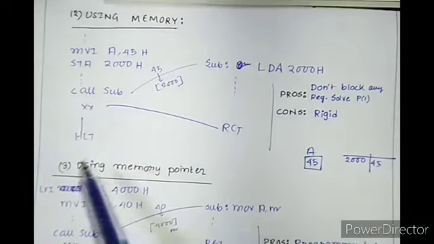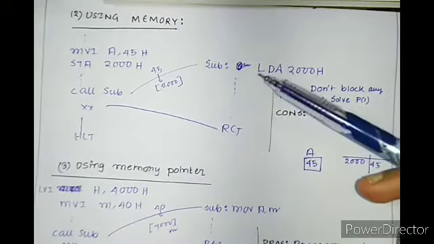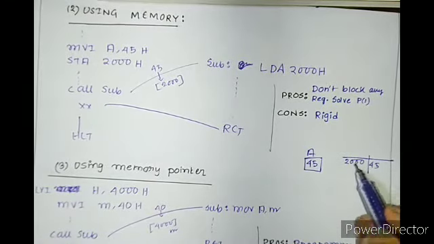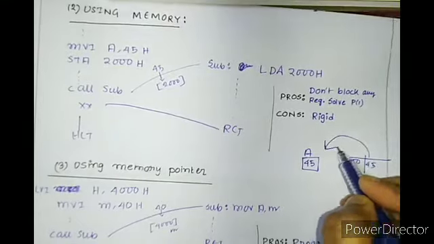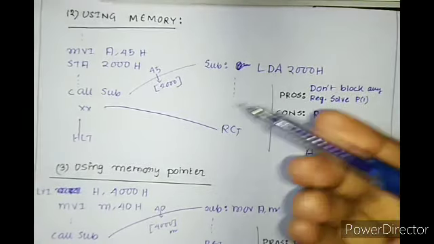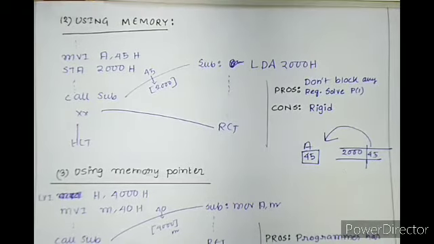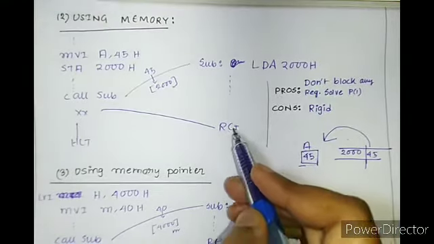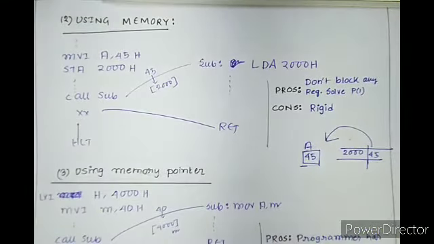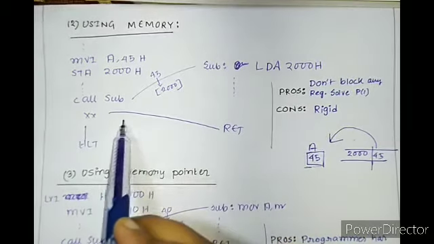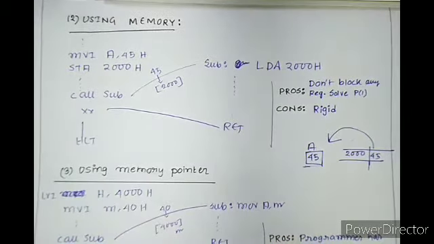Now call subroutine, go to subroutine. It says LDA 2000, means whatever data is in location 2000 gets stored at A, and it is already 45. I've just used the same address; you can use whatever you want. So now A will have 45. Then return comes to the return address, halt.